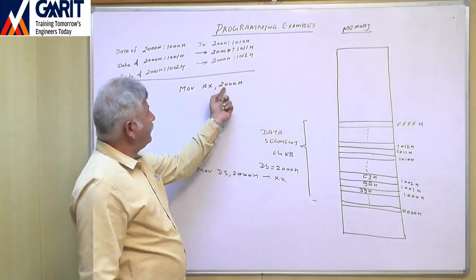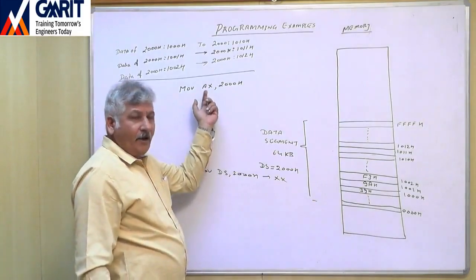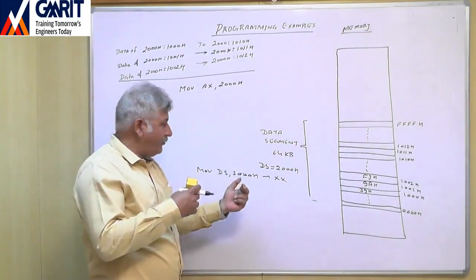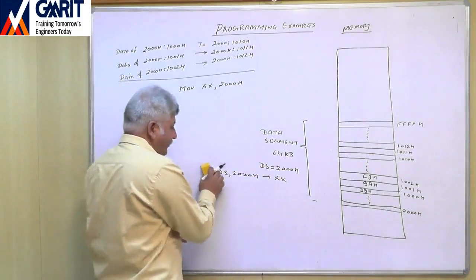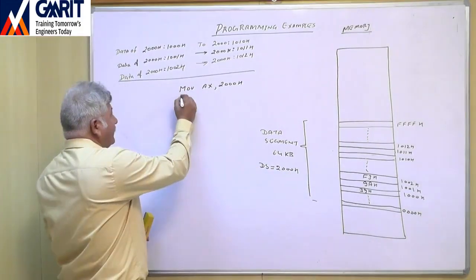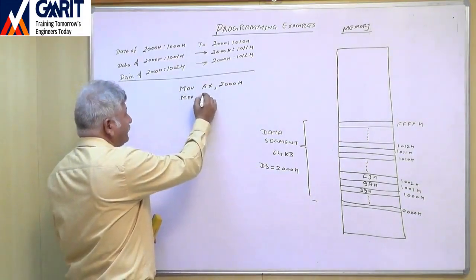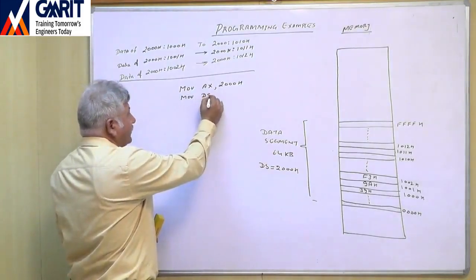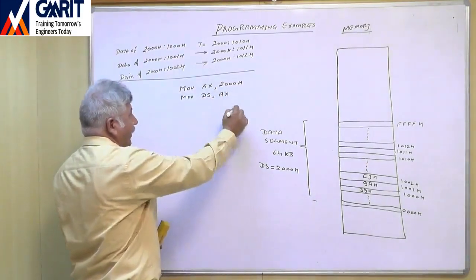That's why first we will load this value in the AX register, and from AX we will transfer it to DS, the data segment register. So now the next instruction will be MOV DS, AX.